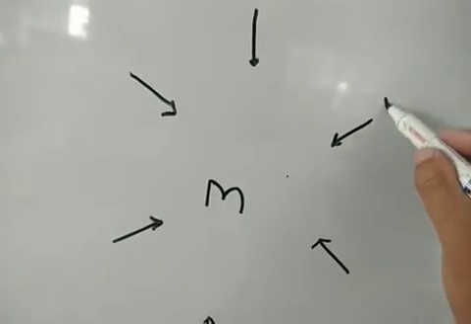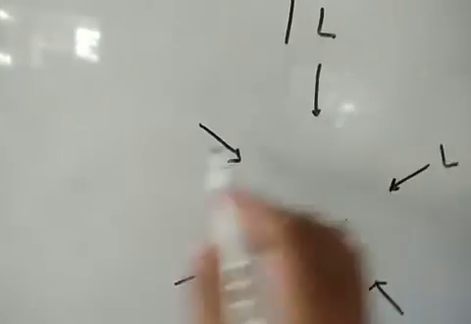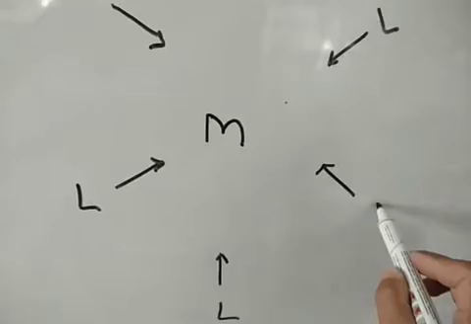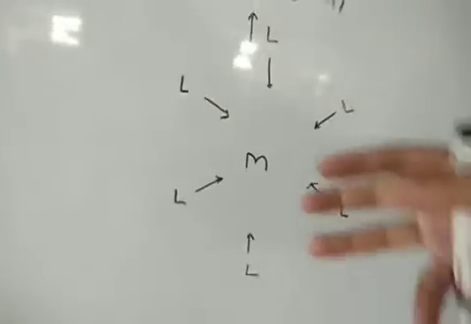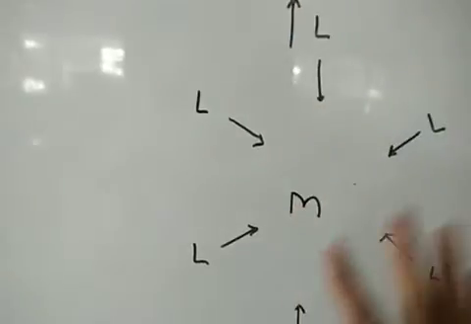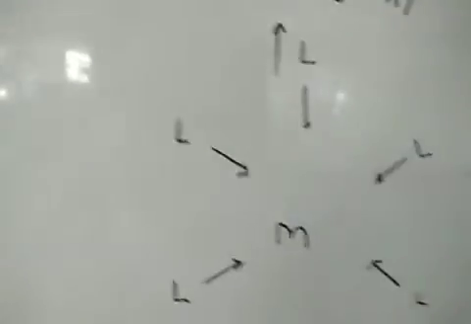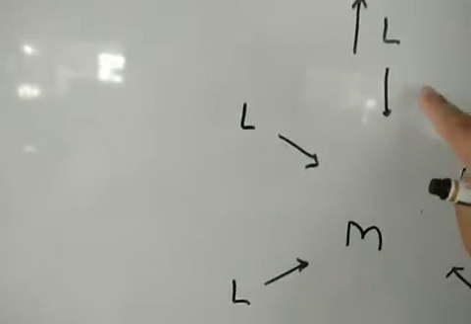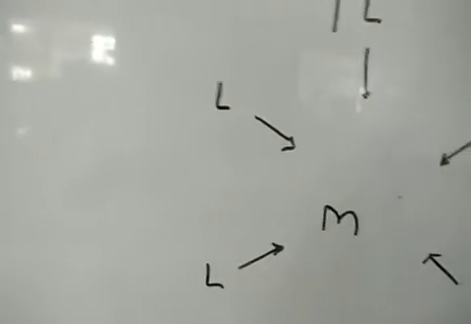So these are 6 ligands. During their formation, the 6 ligands are approaching the central metal ion from the 6 corners of the octahedron, 4 on the plane and 1 above, 1 below, that makes the octahedron. So at the initial level, all these are equidistant, so the energy of all these ligands is the same.